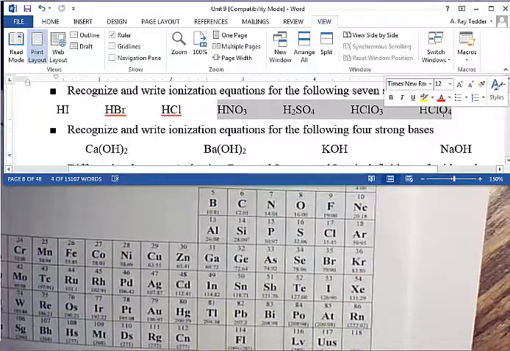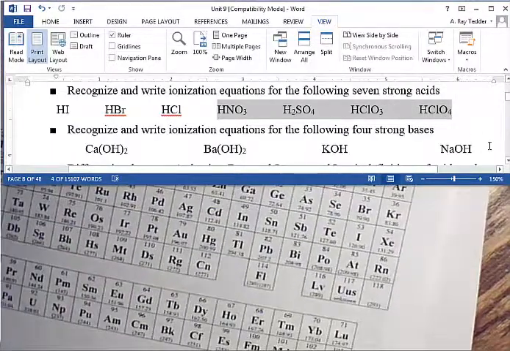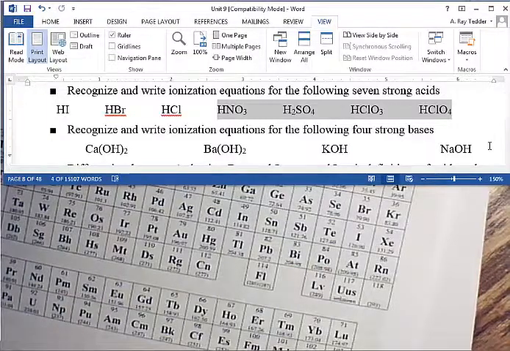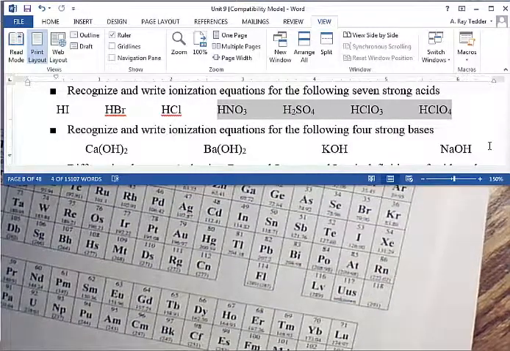And they're called oxyacids because they contain oxygen. They contain polyatomic ions that have oxygen in them. And what all these polyatomic ion acids, these oxyacids, have in common is this: the number of oxygen atoms in the formula exceeds the number of hydrogen atoms in the formula by 2 or more.